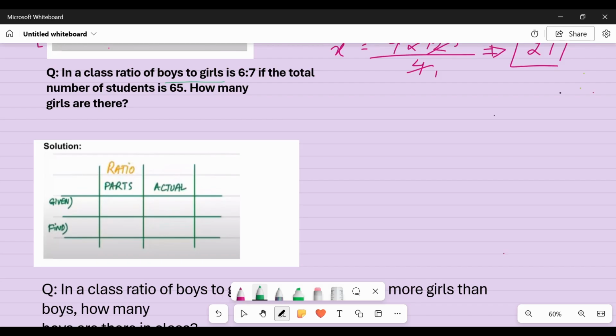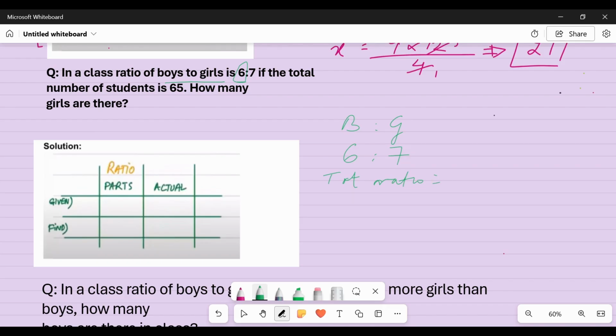So what is given to you in this question? We have the ratio: boys 6 parts and girls 7 parts, right? So what is the total ratio?